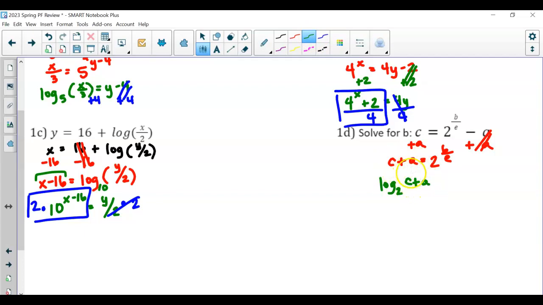Then remember, once you convert, make sure to close off and keep it all together in parentheses, which is equal to b divided by e. So now what do I have to do here to solve for b? Multiply both sides by e. That is what b is equal to. E times our log base 2 of c plus a all together.